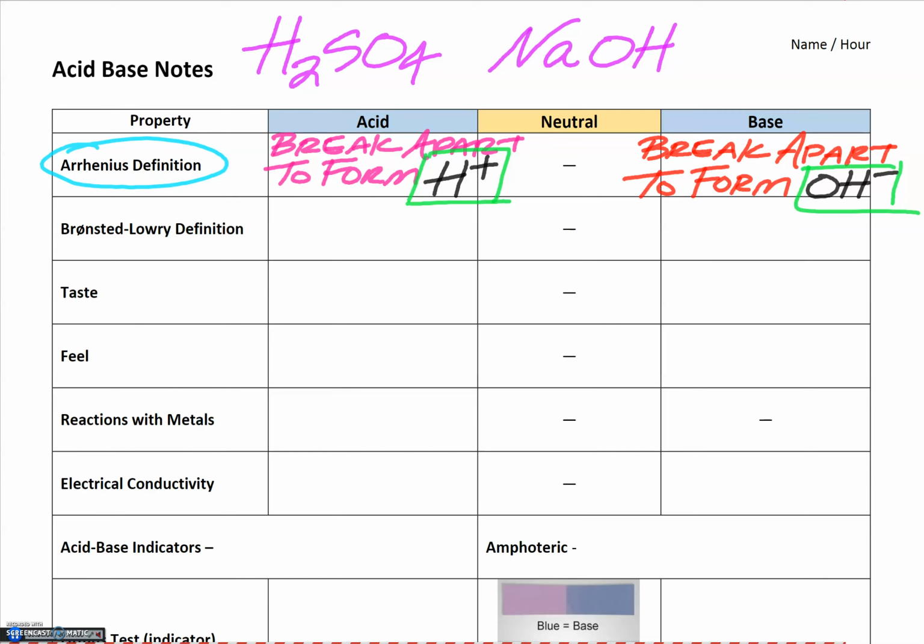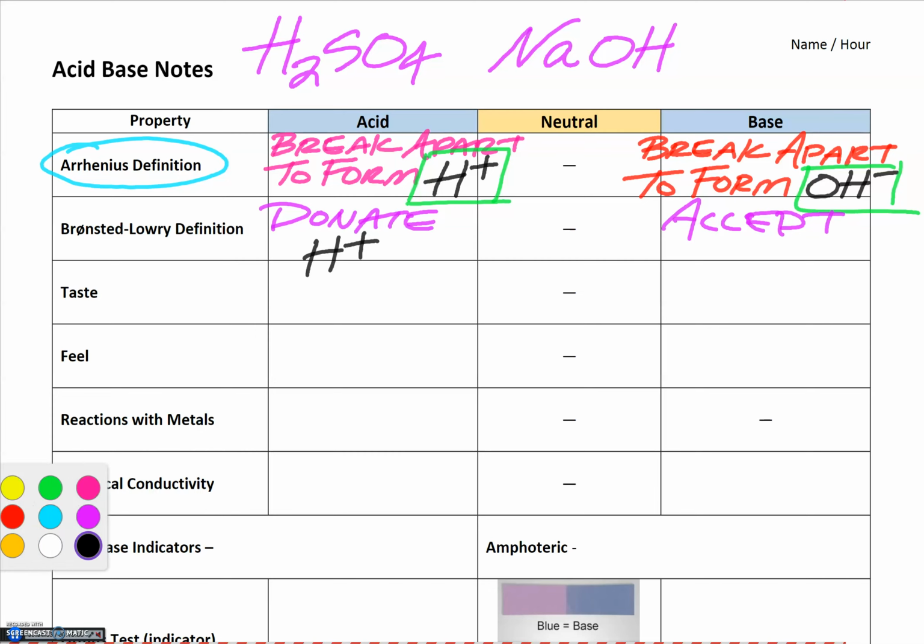So the Bronsted-Lowry says that acids are going to donate H+, where the base is going to accept. Basically, the idea is that the hydrogen goes from one chemical to another, but we're only talking about the hydrogen ions.